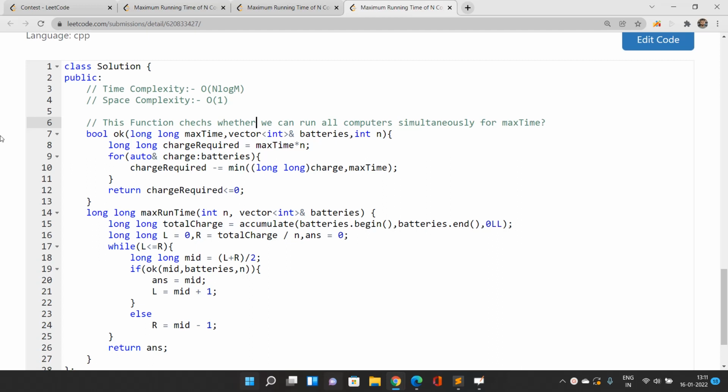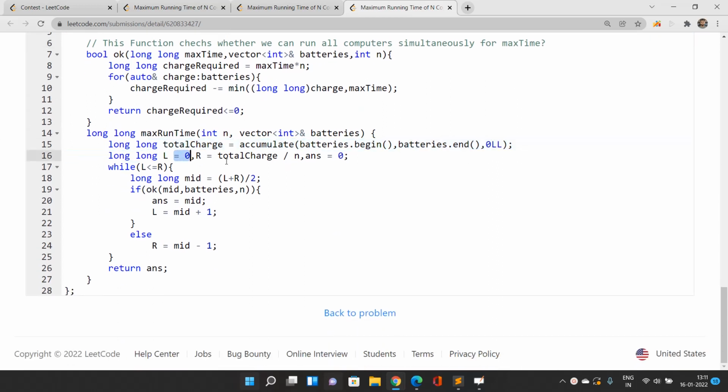Total charge is the sum of all batteries, and the left bound would start with 0, so our answer can be 0, and our upper bound is actually total charge by n. There are n computers and the total charge would be the sum of all the batteries.